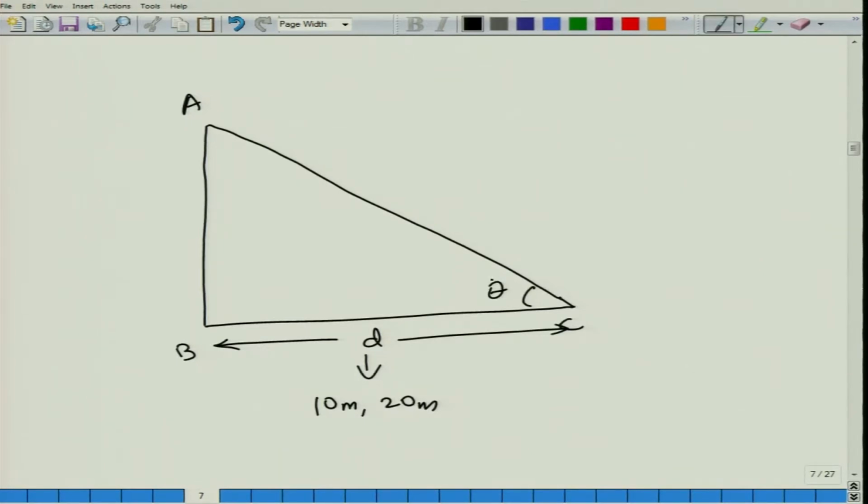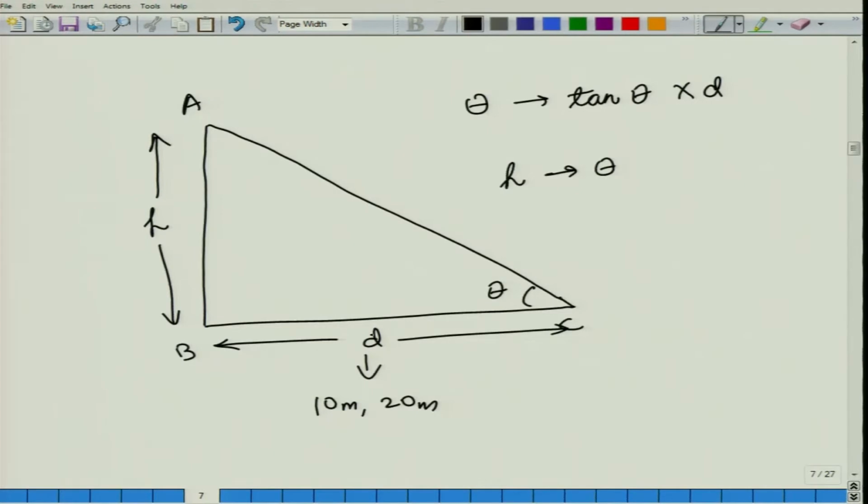Now, for every angle theta, we could measure theta and then derive tan theta, and then multiply that with d to get our height h, or else this instrument can give us directly the readings of h for different thetas, because we have taken a scale of say 20 meters.